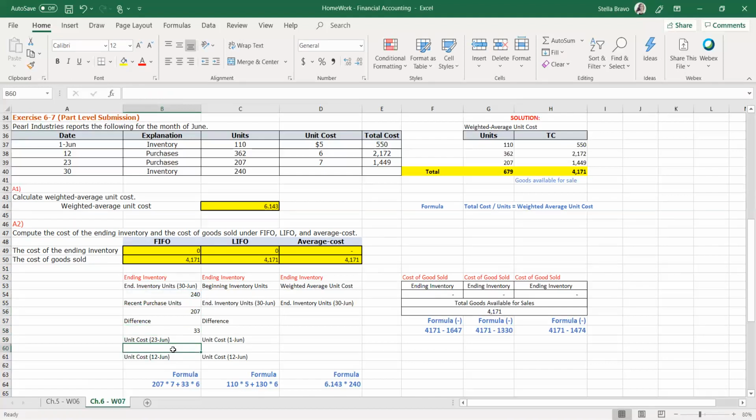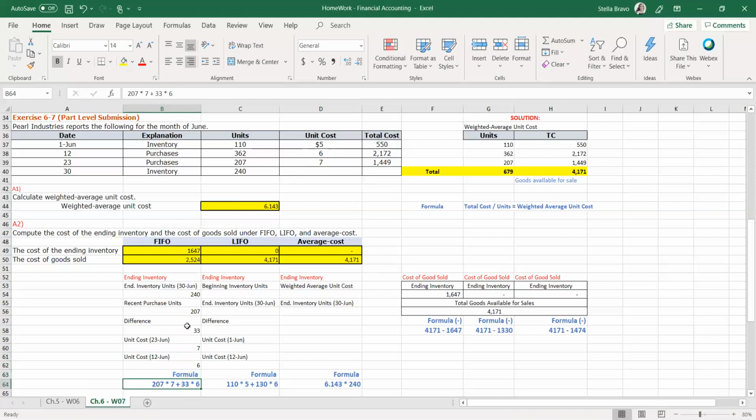We also need the unit cost on our last purchase, which is $7, and the unit cost on our first purchase, which is $6. Here I enter the formula.